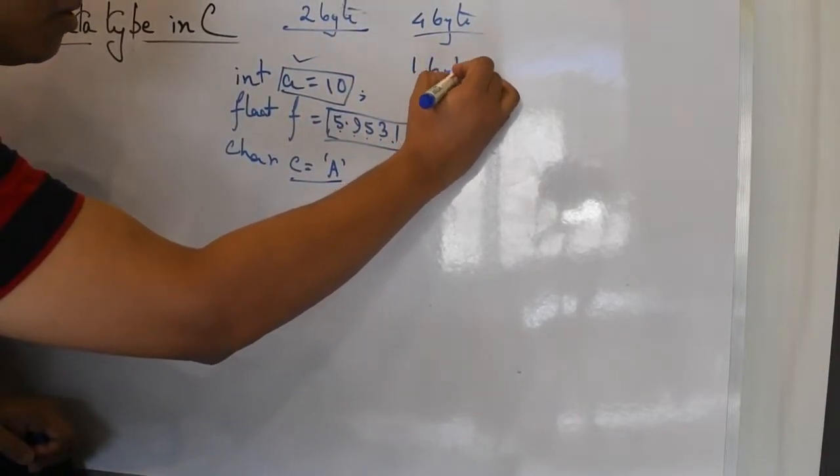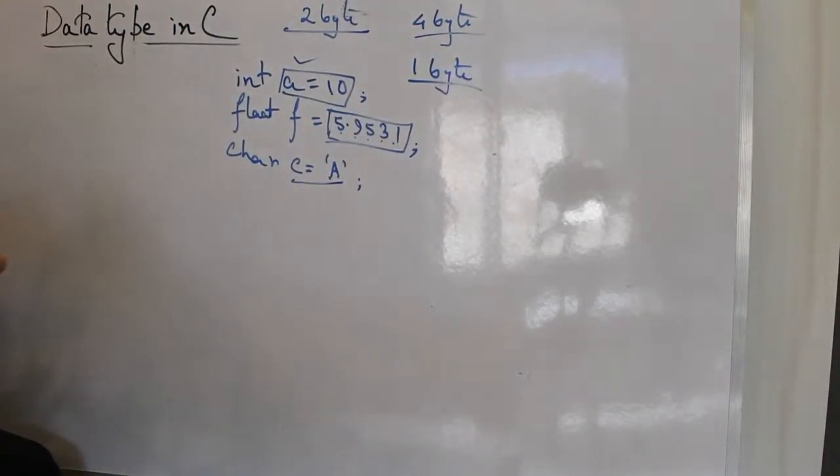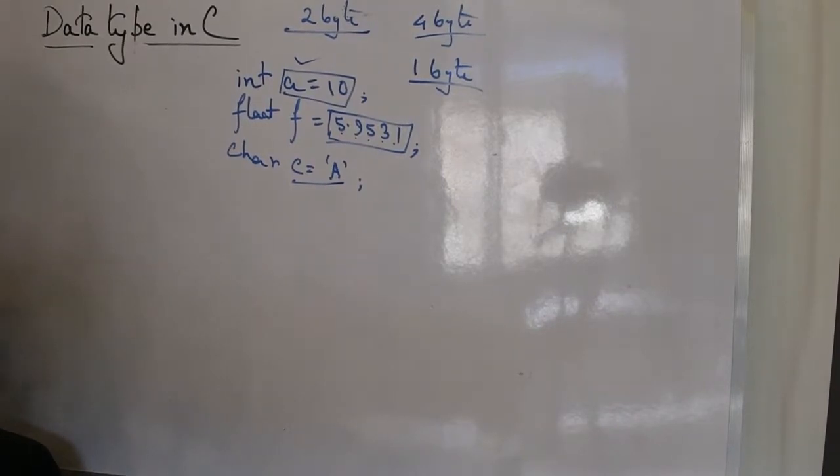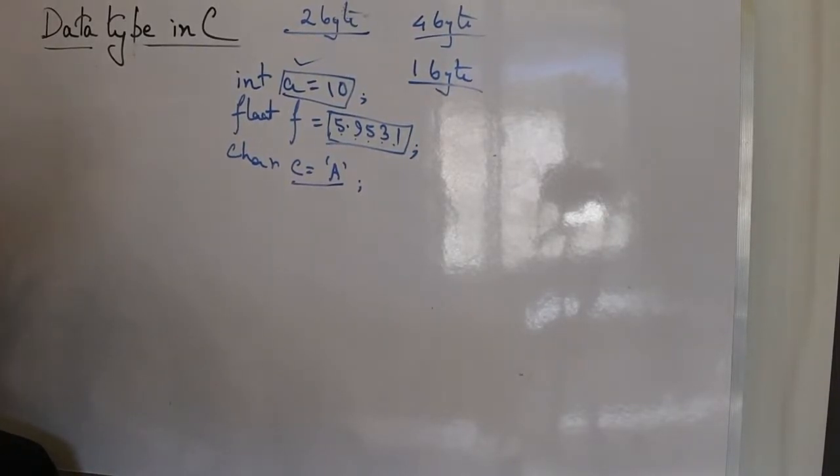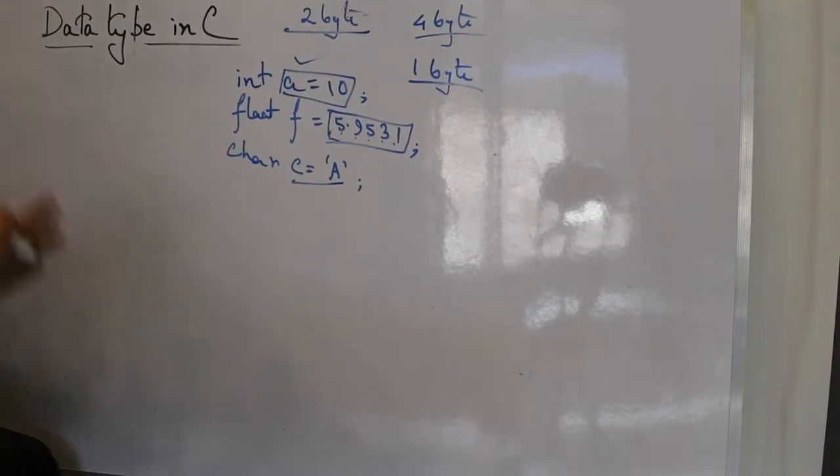So different data types have different sizes. You do not require similar data space for all data, you require different data space. That way you can optimize your data space.